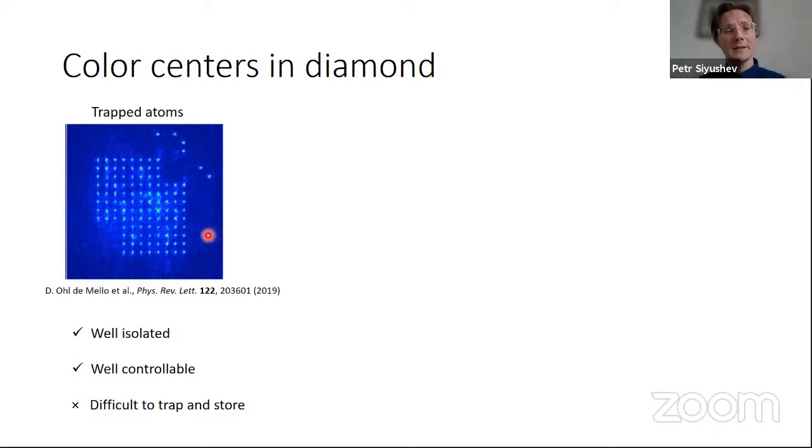However, such devices usually require a quite complicated apparatus for cooling and storing them. Typically they are bulky and also require ultra high vacuum.